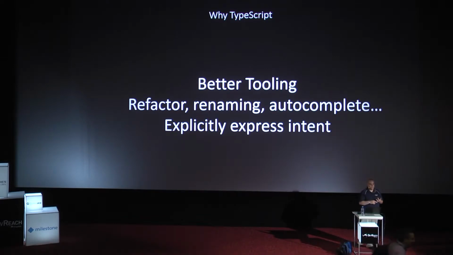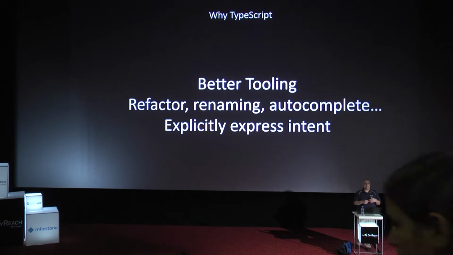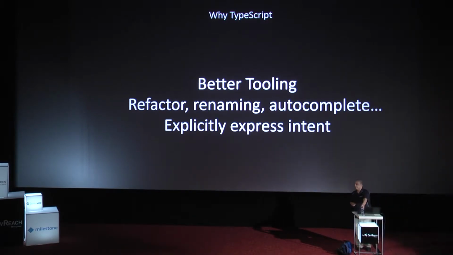It also provides better tooling. With a type-safe, or strongly typed, language, you have the ability to do things like autocomplete, renaming, potentially refactoring, and seeing where your code is used throughout. And then you get the nice benefit of clearly expressing what you want, meaning that this object or this variable that I'm creating, I want it to be a number.